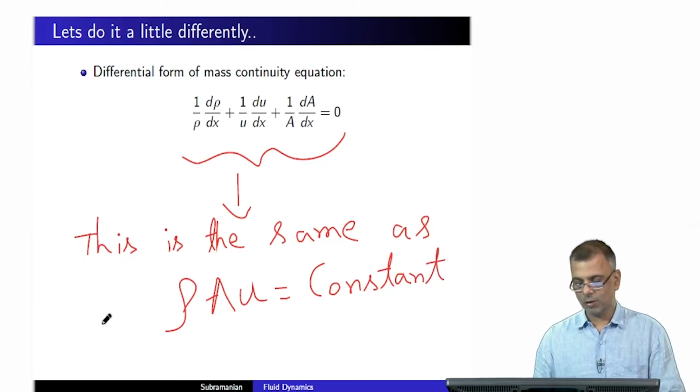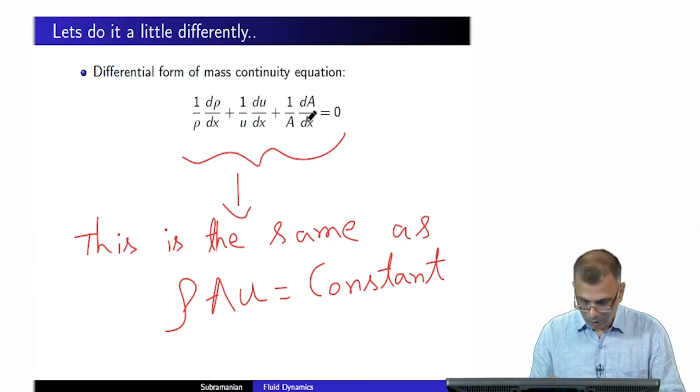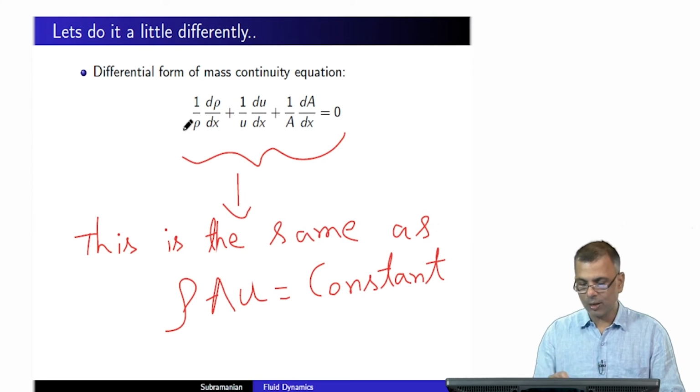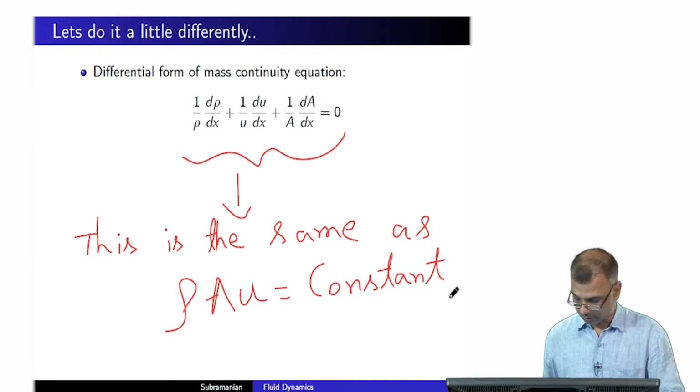What you do is you differentiate both sides with respect to x, and so this is just the chain rule. And you divide everything by rho A U, both sides. When you differentiate a constant with respect to x, you get 0. So that's how you get this. It's the same thing. Rho A U equals constant is the integral form, and this is the differential form. The differential form is more useful to us.